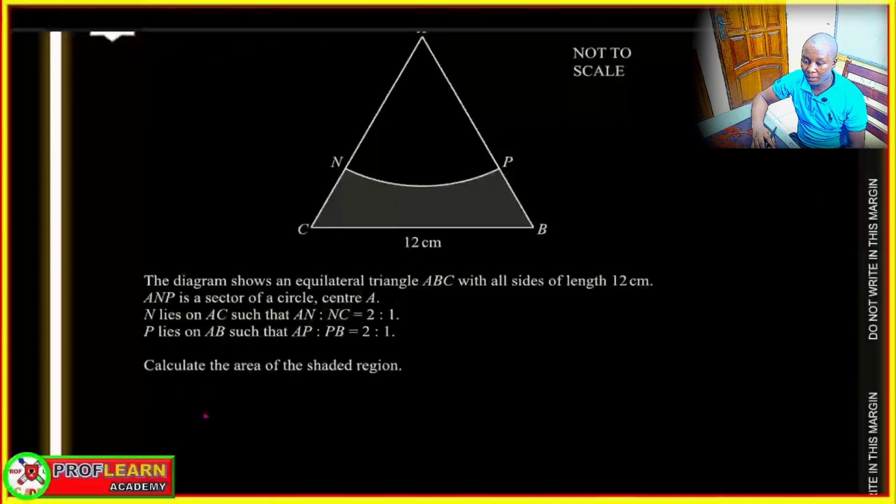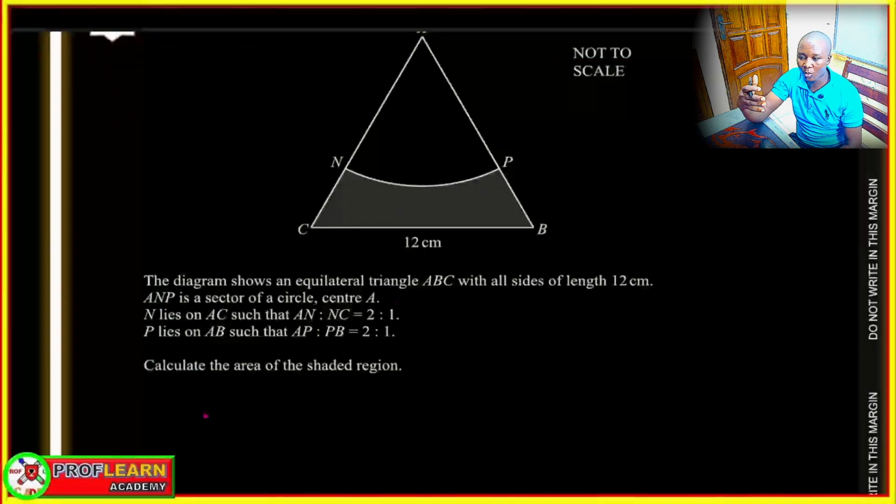Yeah, so in this particular question, calculate the area of the shaded part. Remember, we are going to work out the area of the entire triangle minus the area of the sector. Once we work out the area of the triangle, we shall subtract the area of the sector in order to find the area of the shaded region. But we are told that this was an equilateral triangle.